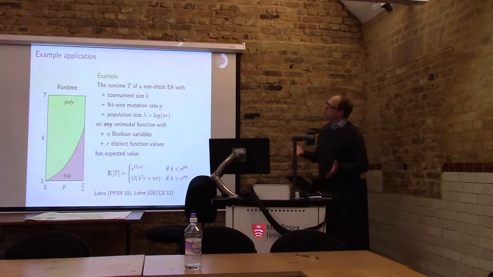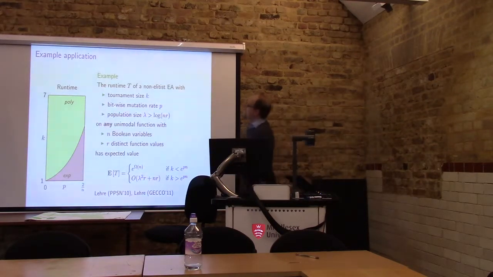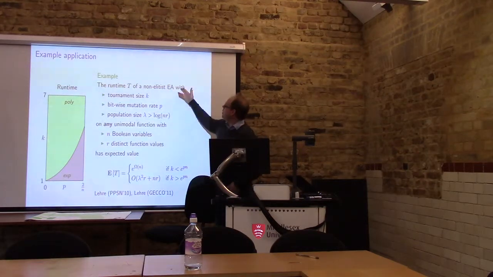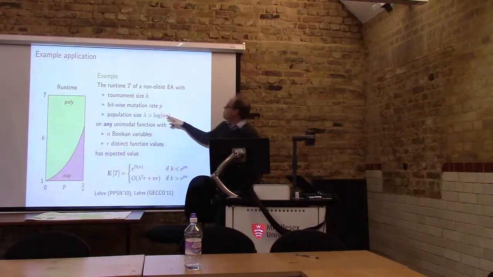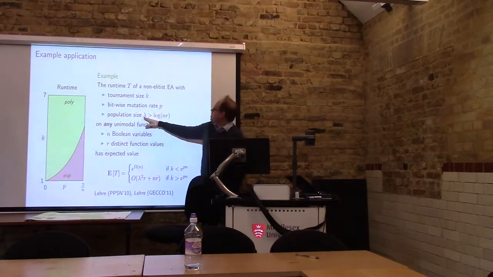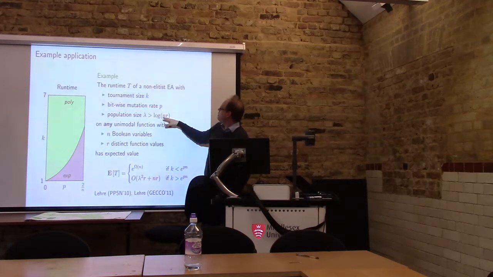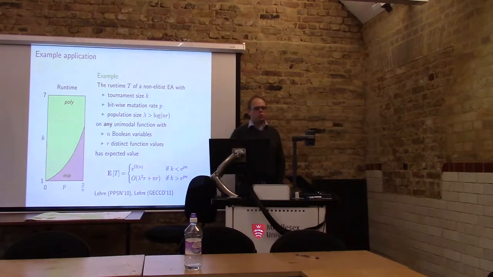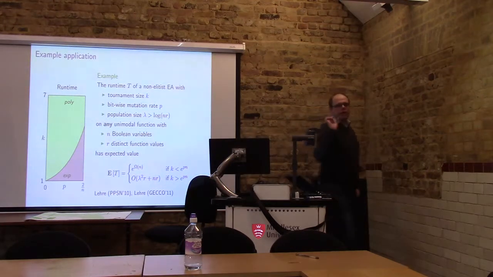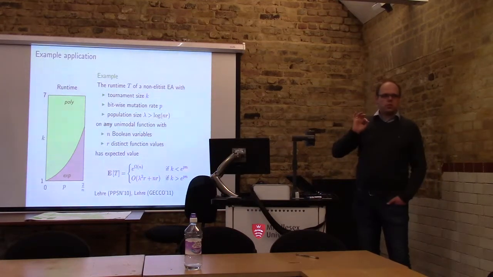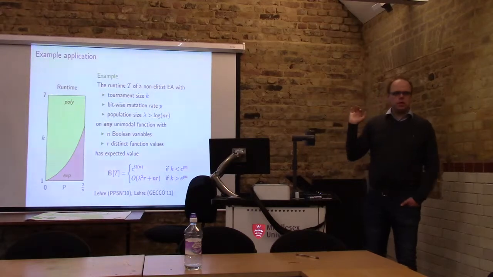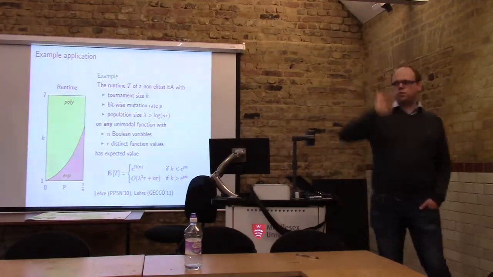So you can look at different examples. For example, the type of EA I looked at in the beginning, where you have tournament selection, bitwise mutation with rate p, and a population size at least logarithmic in the number of variables. Let's consider any unimodal function. A unimodal function means that each search point has a neighbor which is better. It's always possible to improve.